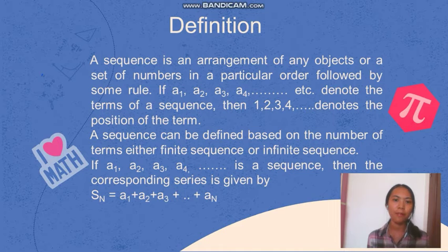A sequence can be defined based on the number of terms, either finite sequence or infinite sequence. If A1, A2, A3, A4 is a sequence, then the corresponding series is given by Sn equals A1 plus A2 plus A3 until plus An. The series becomes finite or infinite depending on whether the sequence is finite or infinite.